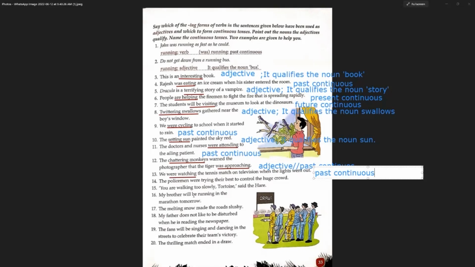The policemen were trying their best to control the huge happy crowd, right?